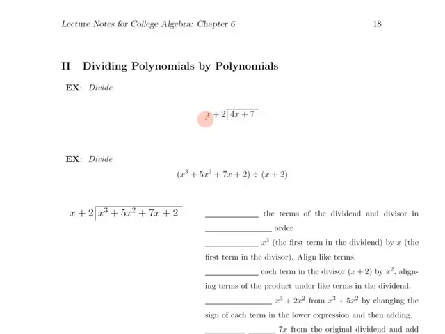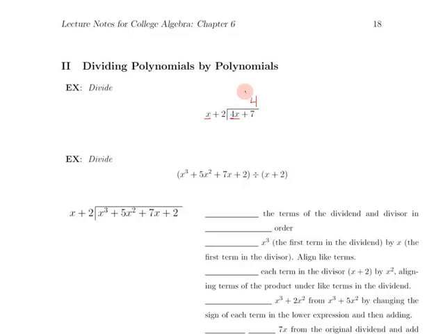And in each case, I want to look at the leading terms of those two polynomials. And I'm going to ask, okay, what do I have to multiply the divisor by to get to the dividend? In this case, I have to multiply by the number 4, right? To get from x to 4x, I've got to multiply by 4. Now, 4 is a constant, so I'm going to write it above the constant term here, 7. I'm going to write a 4 right there.